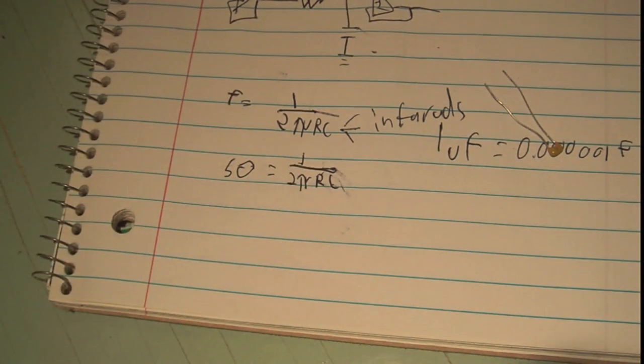Okay, so now what you're going to do is rewrite the equation. 50 equals 1 over 2 pi r times 0.000001. And this value would obviously be whatever cutoff frequency you wanted, so put this into your own design, and this would be whatever capacitor you chose, okay?